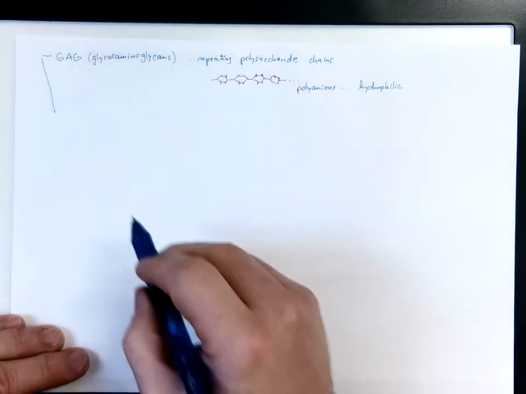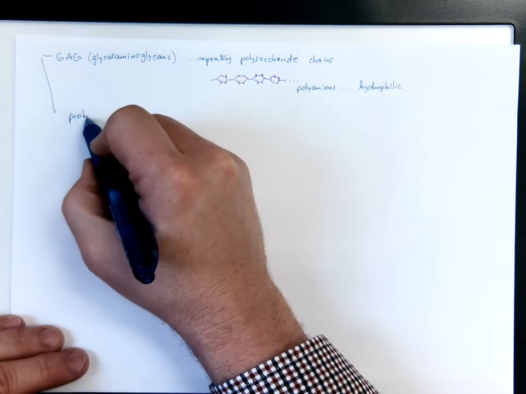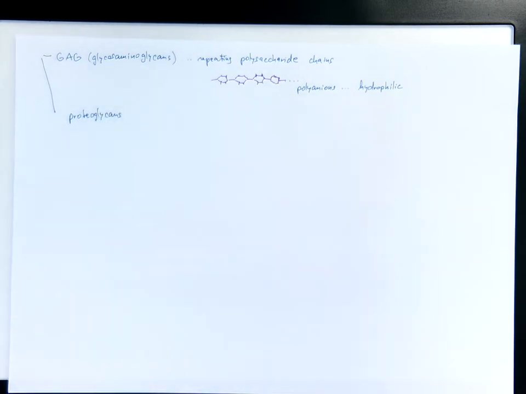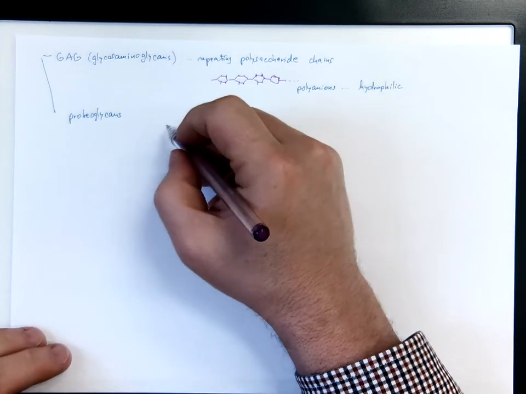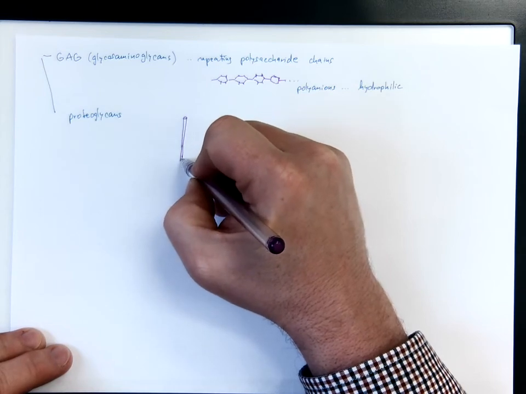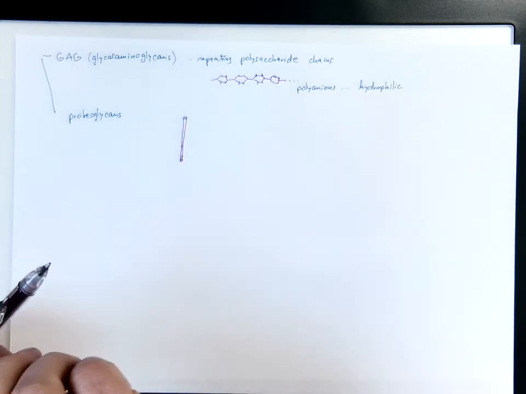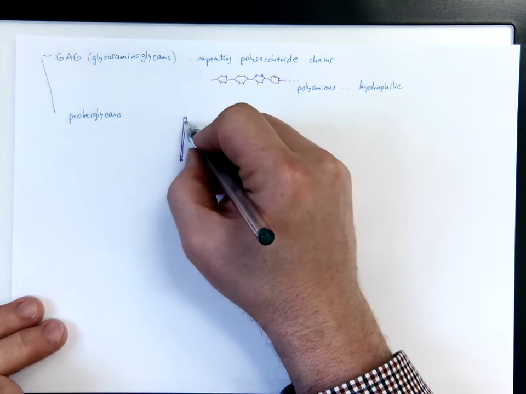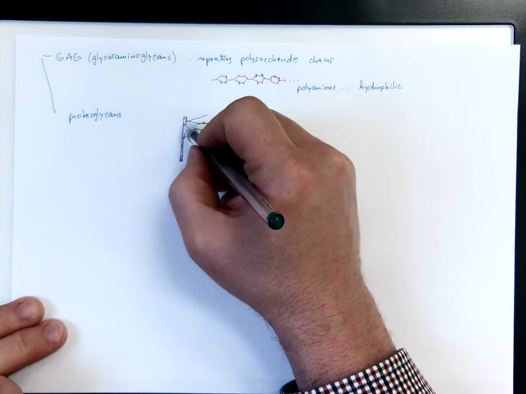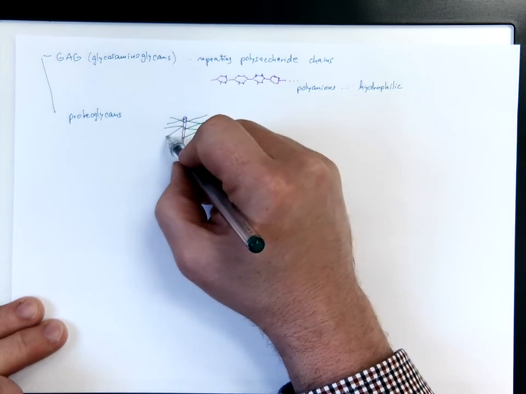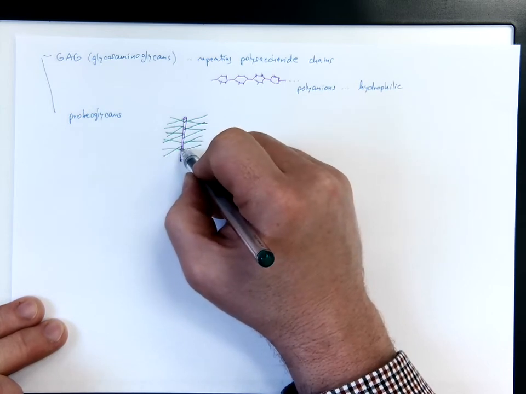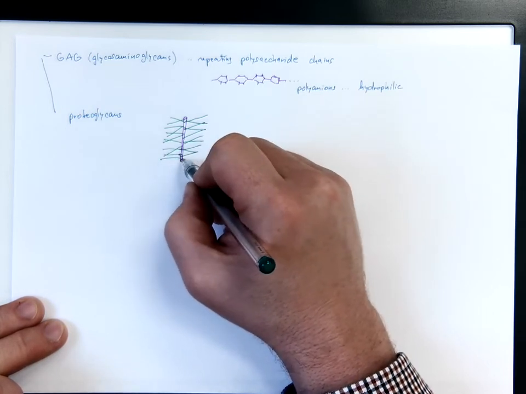Another group of molecules are the proteoglycans. And the structural principle is different. There is a protein core in the center with numbers of glycosaminoglycan chains on it. So it looks like some form of brush, right?